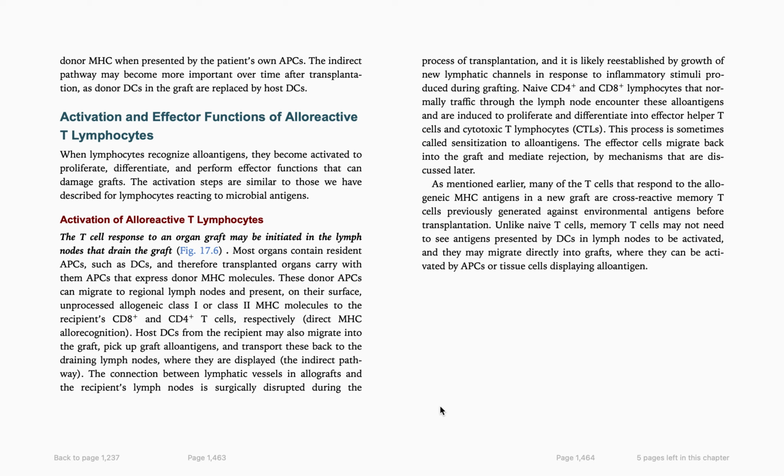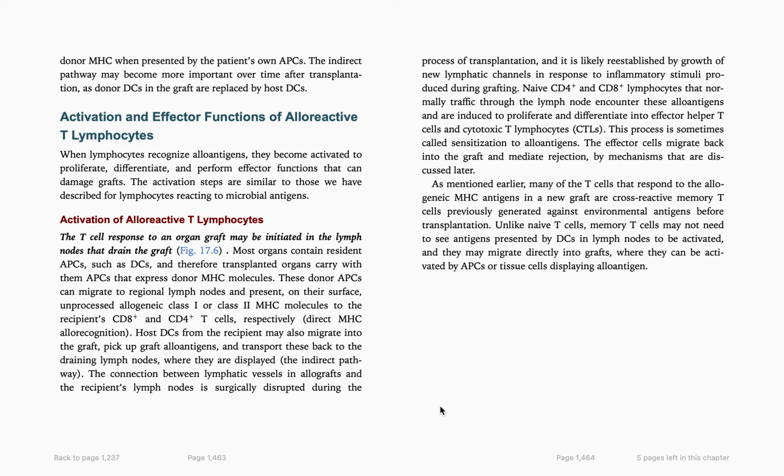Activation and effector function of alloreactive T lymphocytes. When lymphocytes recognize alloantigen, they become activated and proliferate, differentiate, and perform effector functions that can damage the graft. The activation steps are similar to those we have described in the lymphocyte reaction to microbial antigen. The activation of alloreactive T lymphocytes responsible for an organ graft response may be initiated in the lymph nodes that drain the graft.